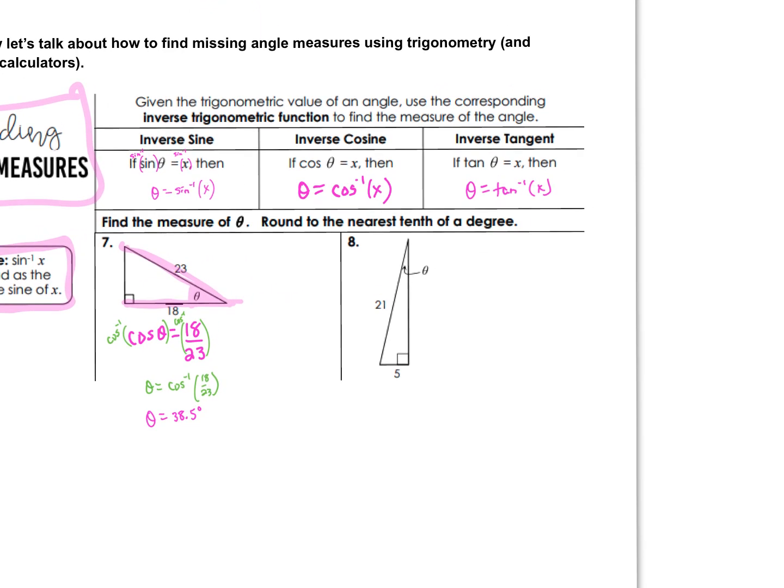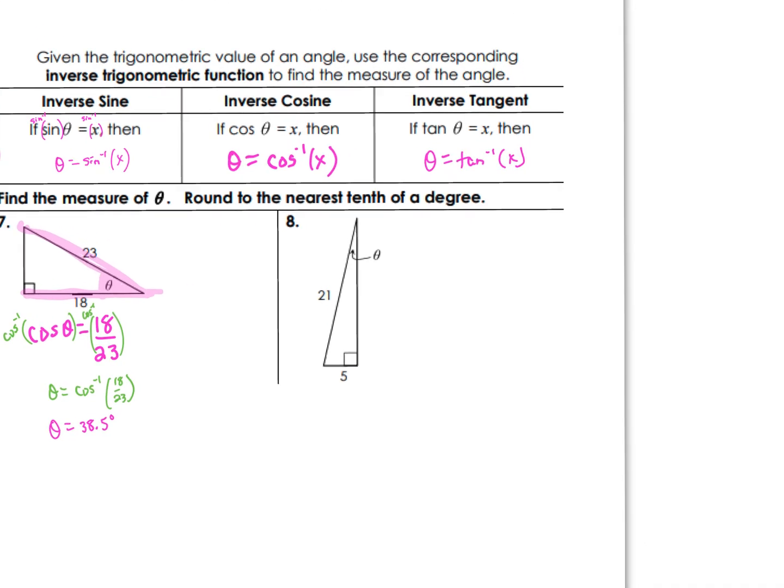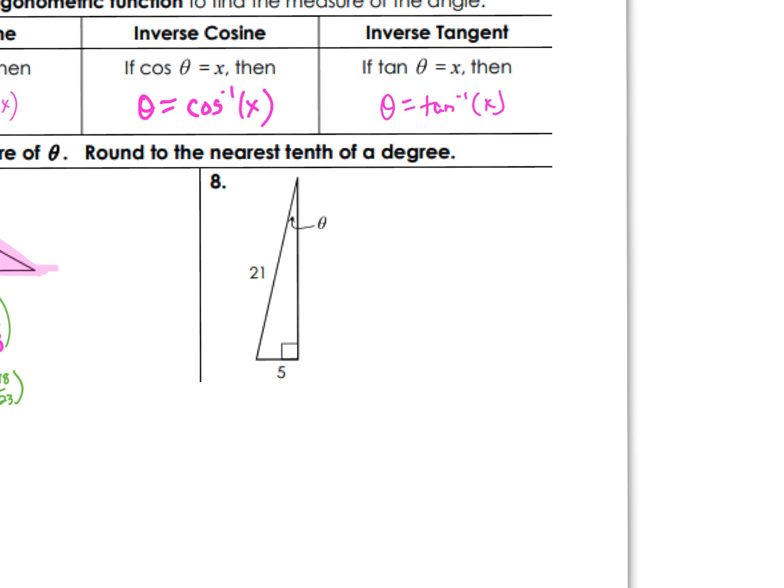All right, let's take a look at this one as well. Based on this angle that we are given up here, think about the sides that we are given in relation to that. What's the trig function that we want to use here? Sine. It's opposite, right? Sine of theta is the opposite side from the angle over the hypotenuse.